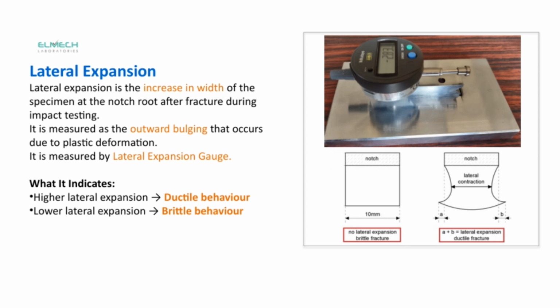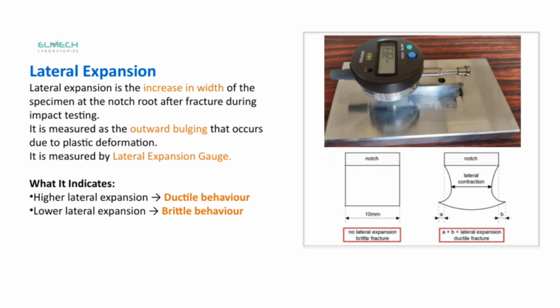So what does this tell us? Well, a higher lateral expansion indicates that the material is behaving in a more ductile manner. That means it can absorb more energy and deform plastically before breaking. On the other hand, a lower lateral expansion suggests a brittle behavior, where the material fractures with minimal deformation.